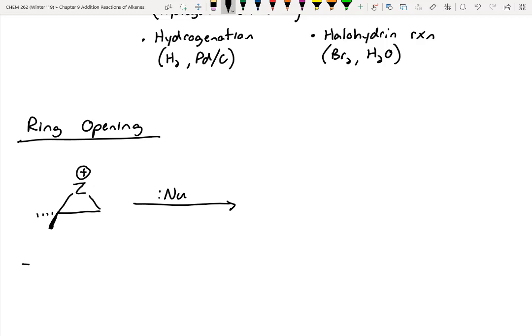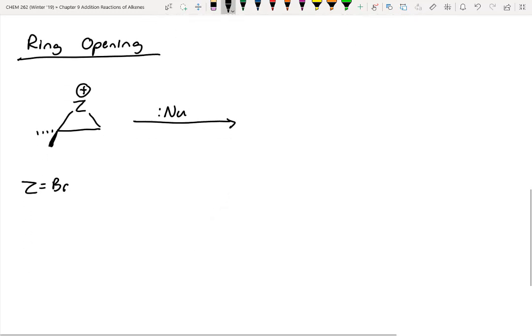If you think about the identity of Z, that could be the bromonium ion, where that bridgehead is bromine. It could be chlorine, if you used elemental chlorine. It could be a protonated epoxide, so it could be an oxygen in that position. Or it could be that mercury bridgehead, like we saw with oxymercuration, demercuration.